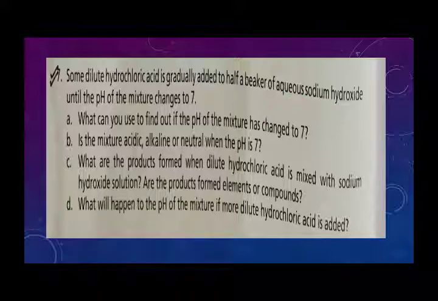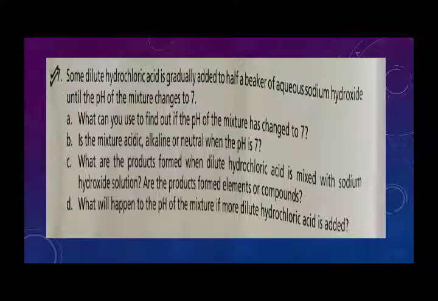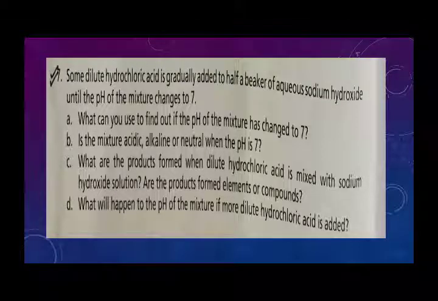Now they are asking what you can use to find out if the pH of the mixture has changed to 7. Again, we talked about this in the previous explanation in the physical classes: this can be found by using an indicator.